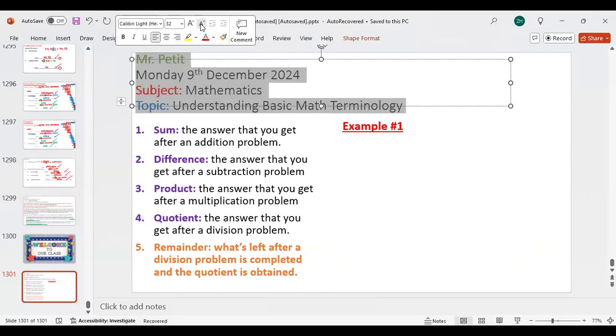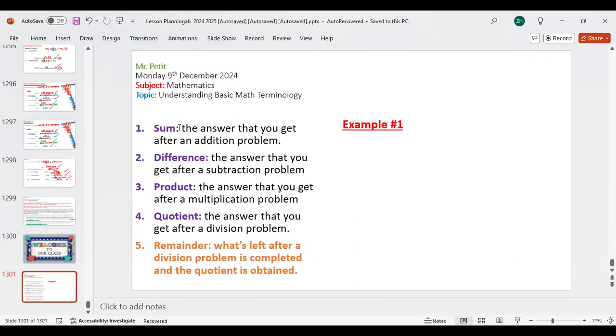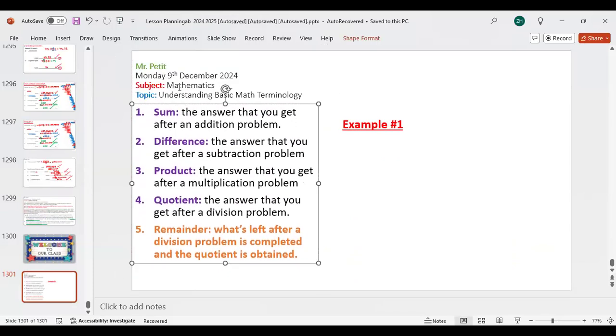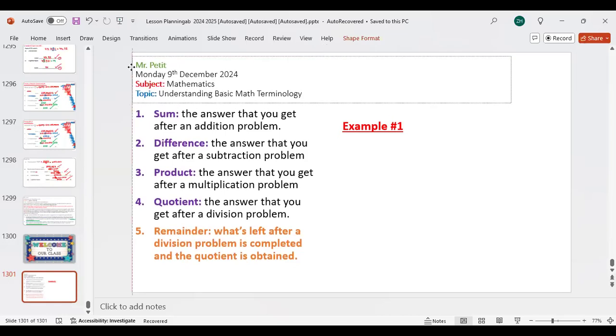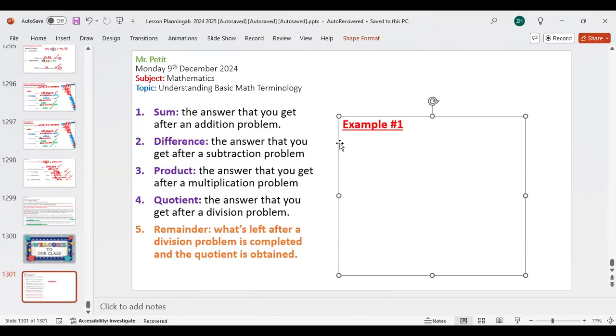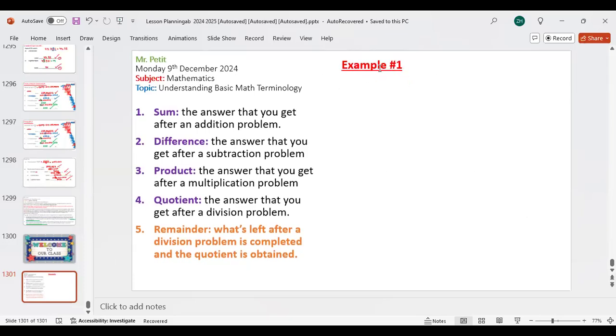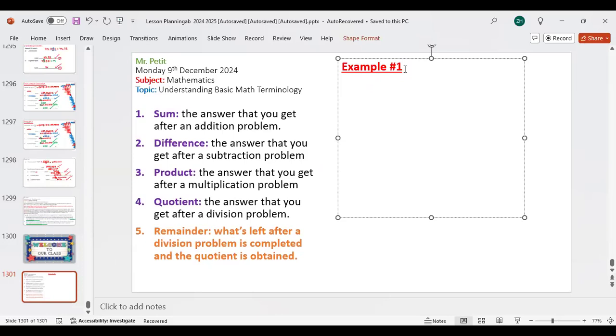Number 3, product, the answer that you get after a multiplication problem. Number 4, quotient, the answer that you get after a division problem. Number 5, remainder, what's left after a division problem is completed and the quotient is obtained. Very good.